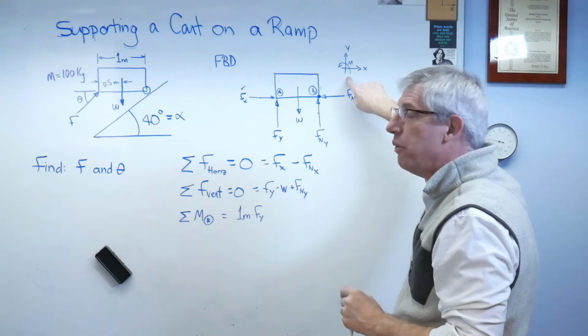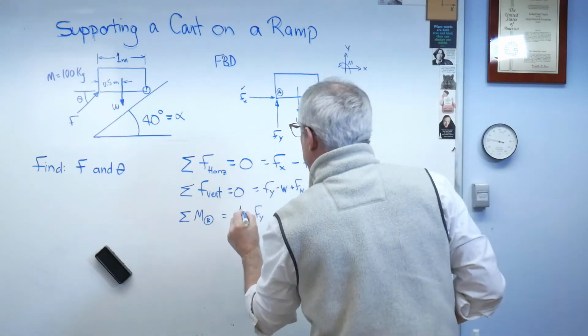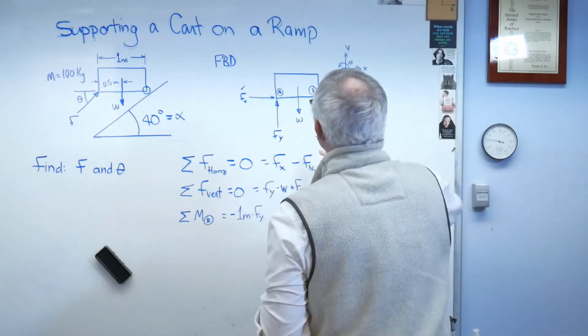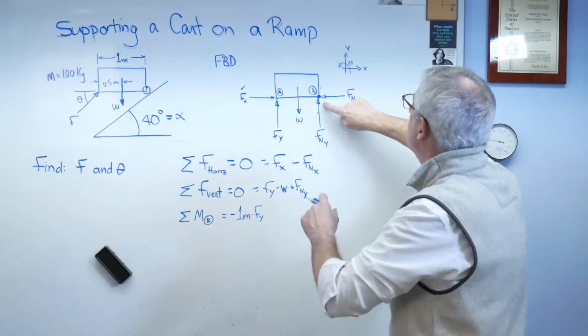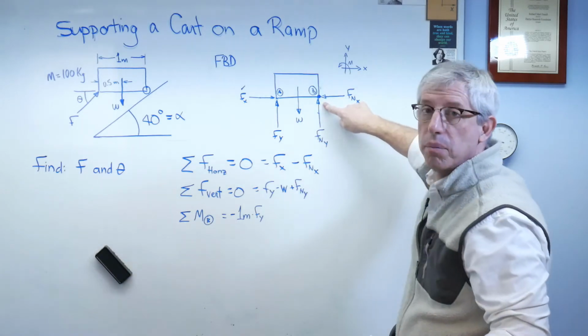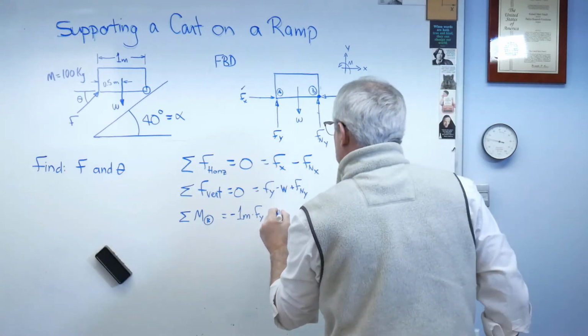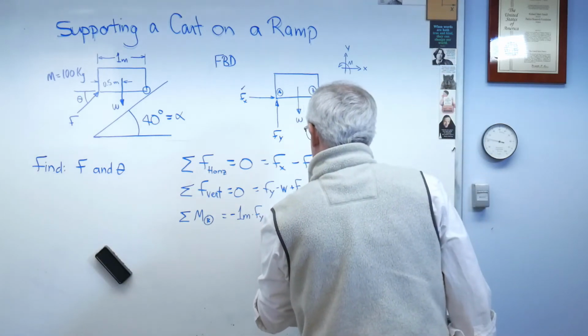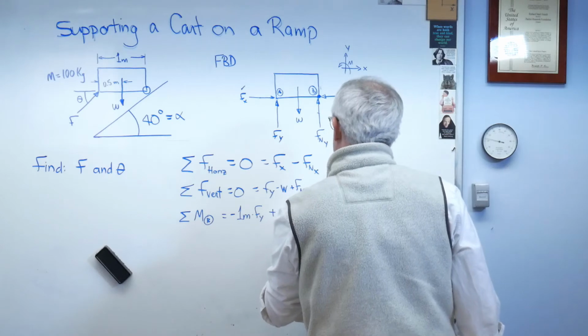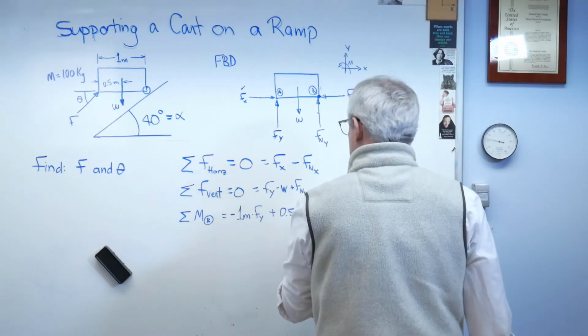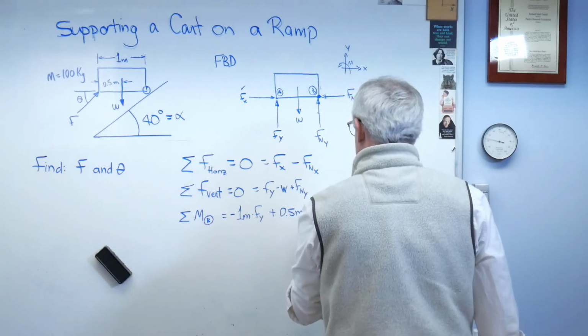I've decided counterclockwise is positive, so this has to be a negative moment here. About this point, W tries to rotate the box counterclockwise, which I've decided is positive. So 0.5 meters times W, and that all equals 0.